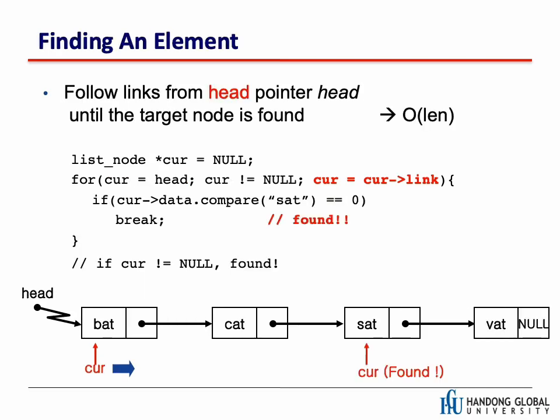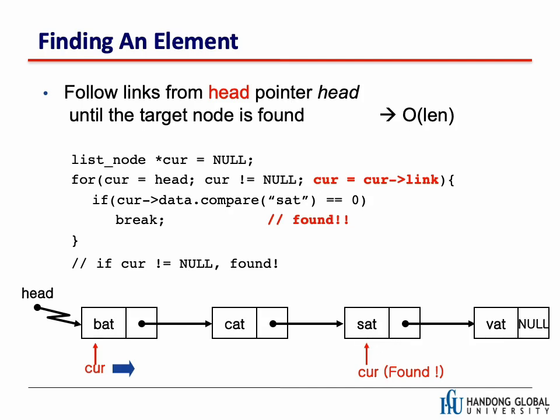Still we are assuming that head is pointing to the first element of the linked list. Now in this slide we are interested in another operation: to find an element.